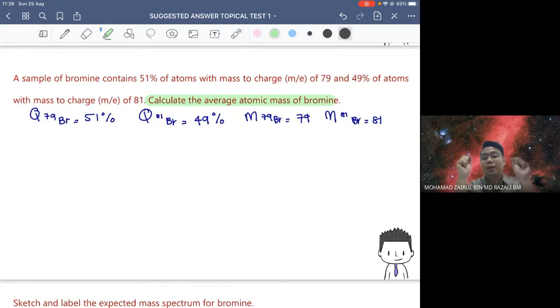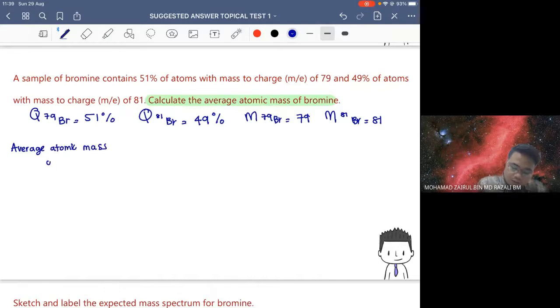So remember that before you start the calculation, kita tulis dulu dia punya formula. So average atomic mass of bromine equals the summation of the isotopic abundance multiplied by the mass, divided by the summation of the isotopic abundance.